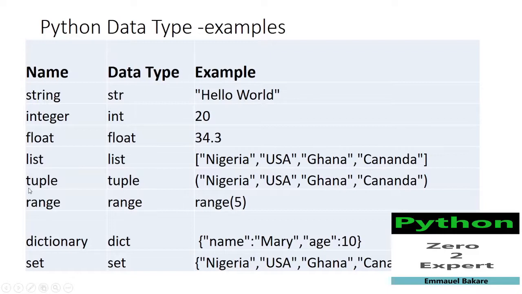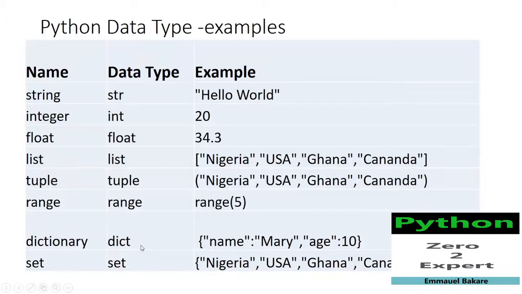Sequences like list, tuple, and range are sequences or combinations or array of other data types. They can be arrays of string or integer or floats or even a combination of other lists. Range is also a combination of numbers.